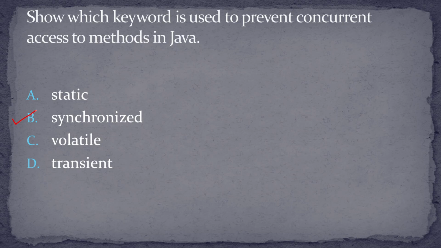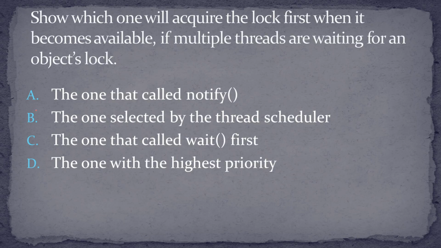Let's move on to our next question, which asks which one will acquire the lock first when it becomes available if multiple threads are waiting for an object's lock. So try to answer it. It is option B, the one which is selected by the thread scheduler. So that one will acquire the lock first.